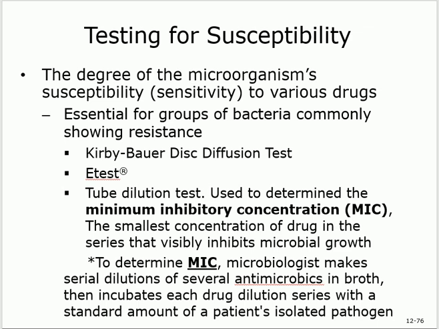Tell me, what's the minimal concentration that can kill the bacteria, so we can use it. Like if half a gram is good enough, we don't have to use a gram, right? You need to tell me exactly what's the minimum that can inhibit the bacterial growth. In this case, tube dilution test, microbiologists take a serial dilution of the antimicrobials, okay?